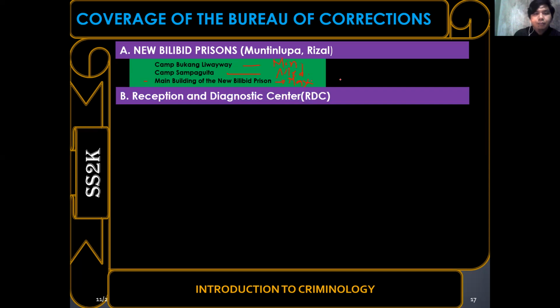Sa Bureau of Corrections, meron pong tinatawag na Reception and Diagnostic Center, na kung tawagin po ngayon ay Directorate for Receptions and Diagnostics. Okay, so ano ba ang ginagawa sa Directorate for Receptions and Diagnostics?